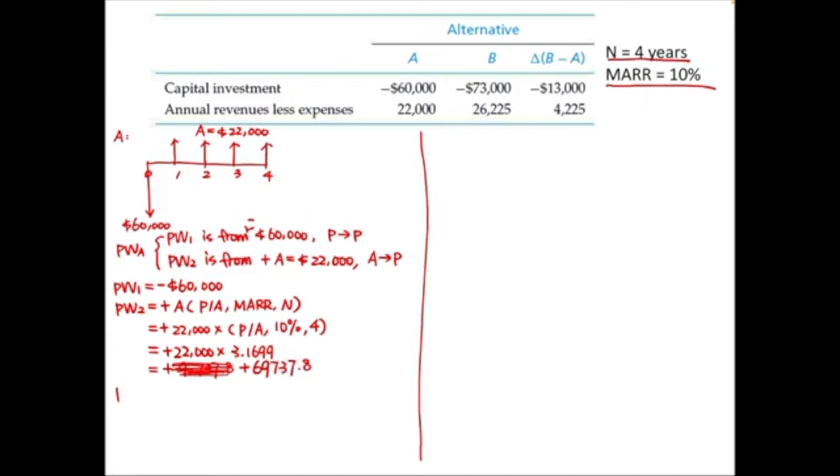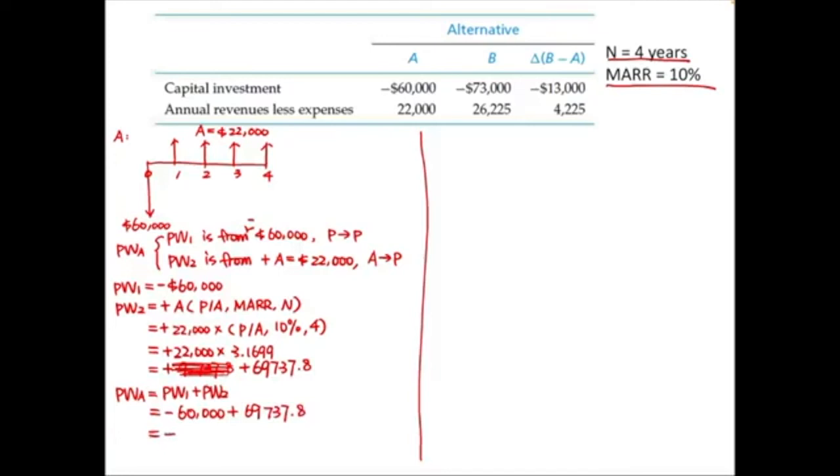Okay, so the PW A is the sum of these two, PW1 plus PW2. PW1 is negative 60,000. PW2 is 69,737.8.